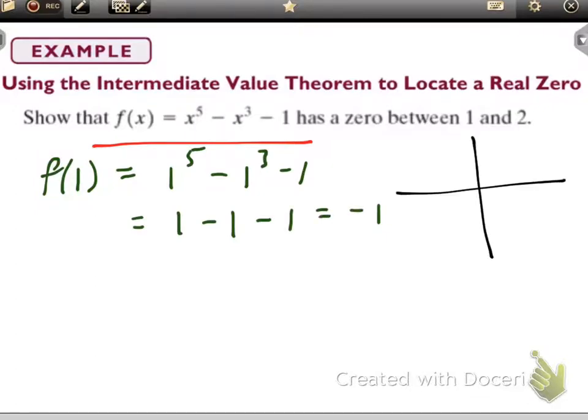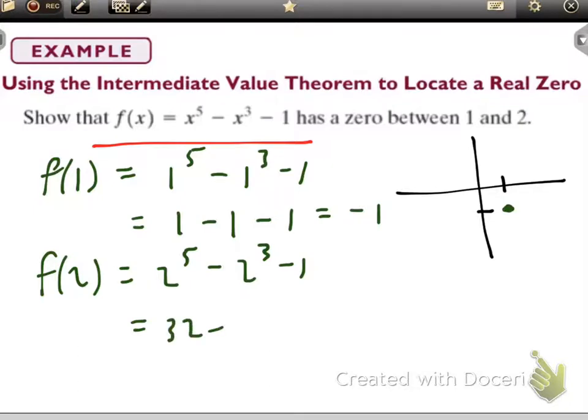If we place a point on the graph, we know that f of 1 is right there. Let's figure out what f of 2 is. F of 2 is 2 to the 5th minus 2 cubed minus 1. 2 to the 5th is 32, 2 to the 3rd is 8, 32 minus 8 is 24, and 24 minus 1 is 23.